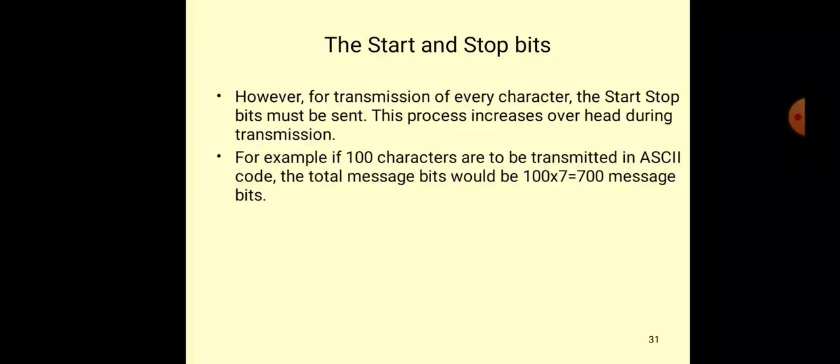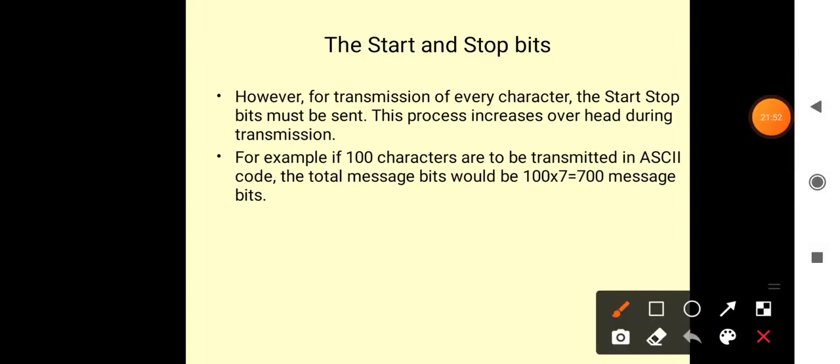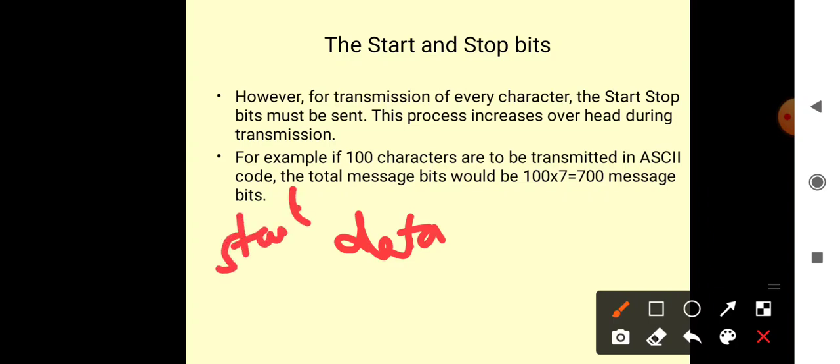So the start bit is represented by 0, then you will have data bits, then the parity bit, then the stop bit. The stop bit is indicated by 1. Is it clear? Whenever you are going for asynchronous type of communication, you have the data that has to be transmitted, and the start bit, the parity bit, and then the stop bit.